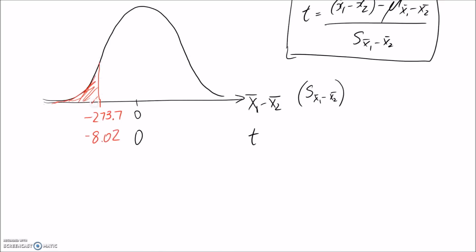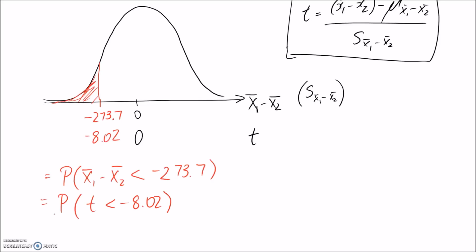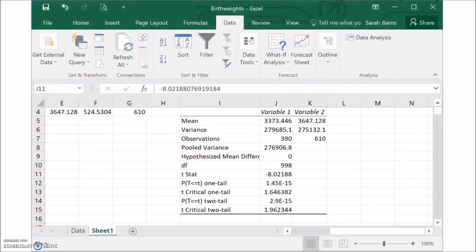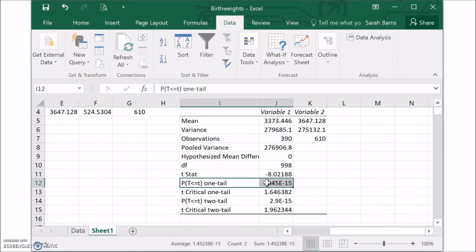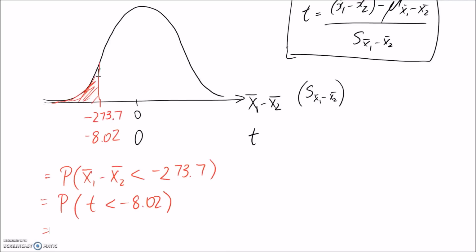So what we were interested in is the probability of sitting in this region. You could write this as the probability that x1 bar minus x2 bar is less than negative 273.7. And when you convert it to the t-scale, it's going to be that t is less than negative 8.02. So we're going to be able to get this out of Excel. If we jump over, this is the line that tells us. This is the one-tail test, which is what we have because there's only one tail that we're calculating an area of.